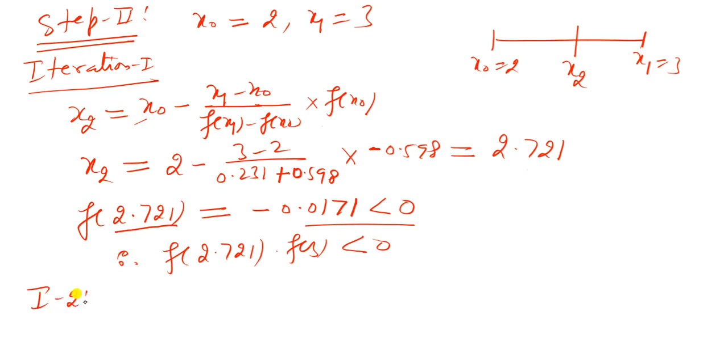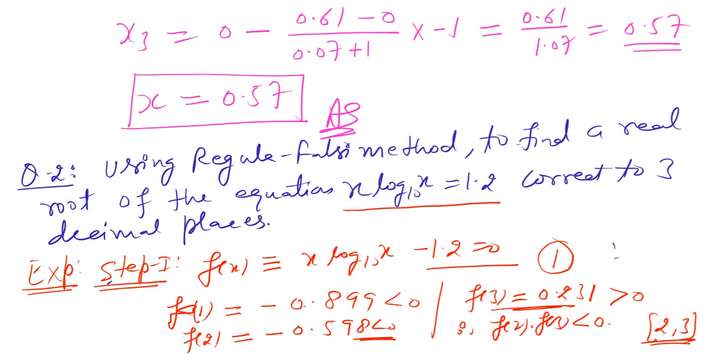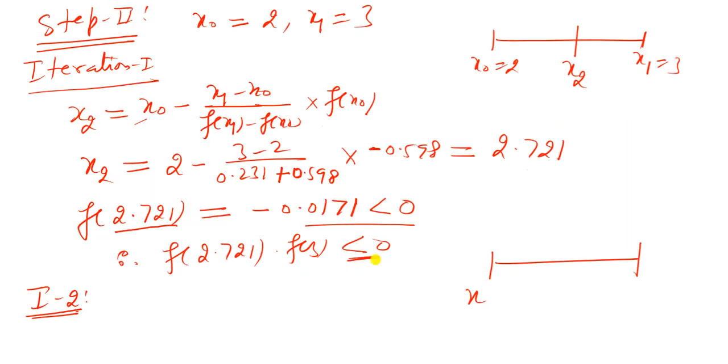Now iteration number 2. In iteration 2, the previous x0 is 2 and x1 is 3, and f of x2 is negative, so in that case x0 is replaced by x2, and x2 is 2.721, and x1 is equal to 3.